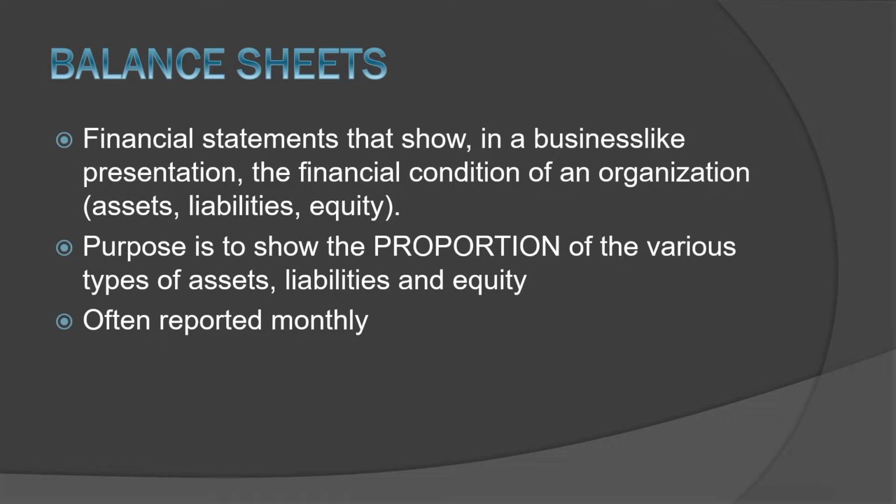It's called a balance sheet because ideally you're wanting these things to be balanced. Therefore, you don't want your assets to be less than your liabilities. Balance sheets are often reported monthly, especially in the private sector, and obviously this has to be done annually for nonprofit and government.